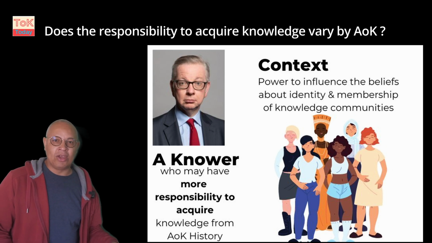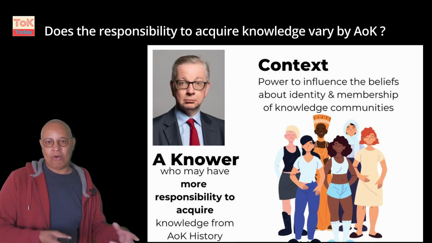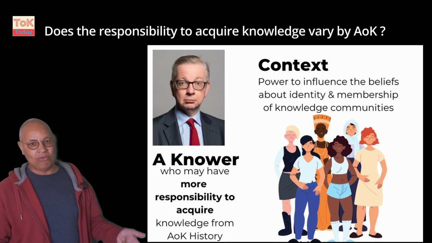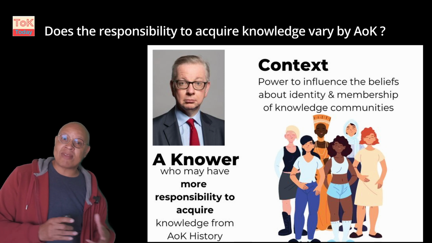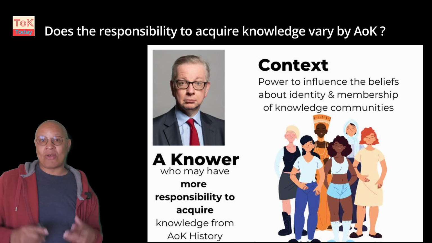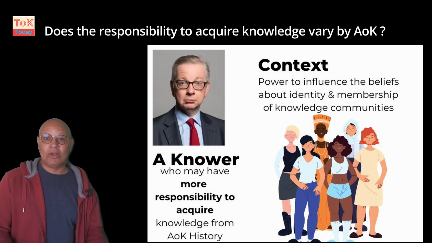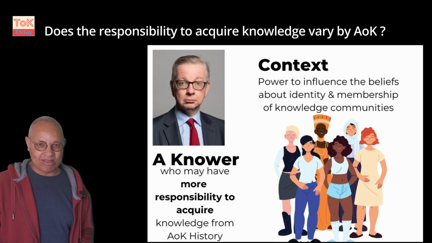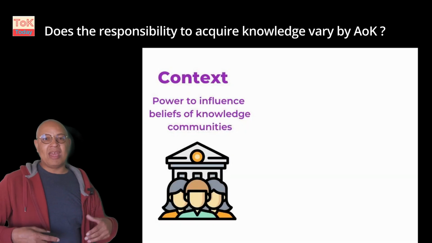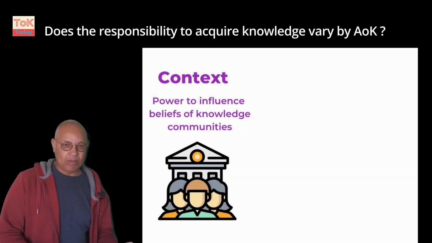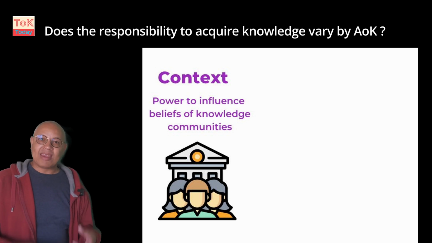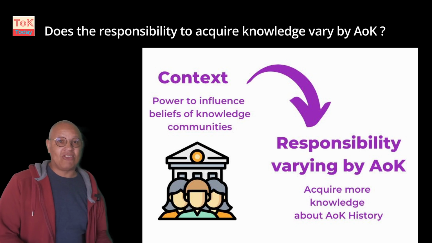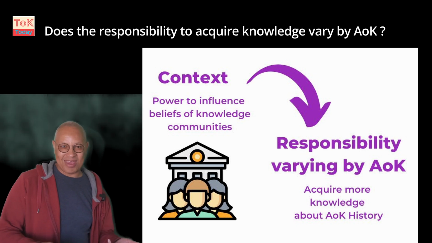We could argue that a knower who has power or influence over other knowers to form their beliefs of the knowledge communities to which they belong has more responsibility to acquire historical knowledge than they have to acquire knowledge from other areas of knowledge such as maths or the natural sciences. In this scenario, the power to influence the beliefs of knowledge communities is the context, and it's that context that leads to the responsibility to acquire knowledge varying by AOK.